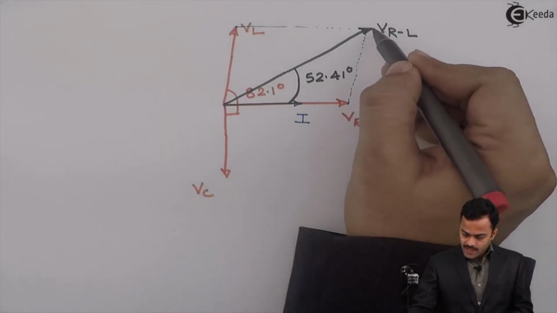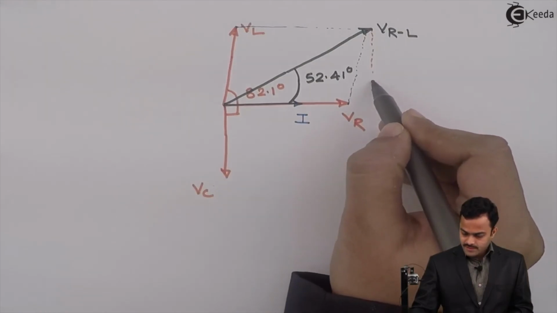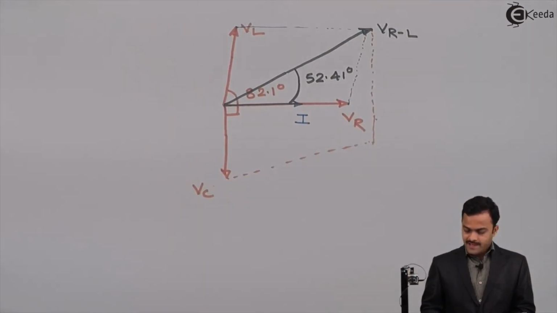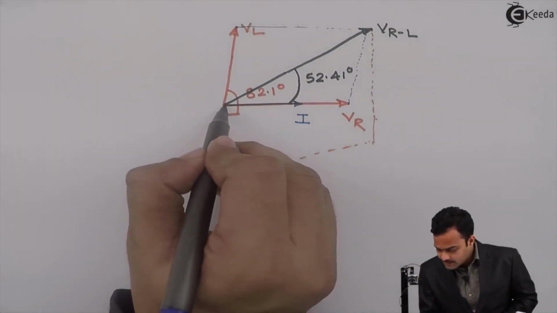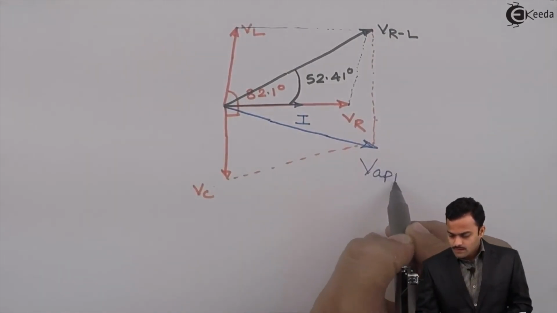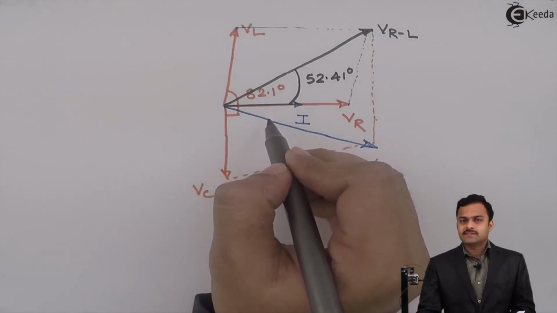So if I add phasor VRL with VC, I will get the applied voltage like this, and the angle of applied voltage is minus 26.76.